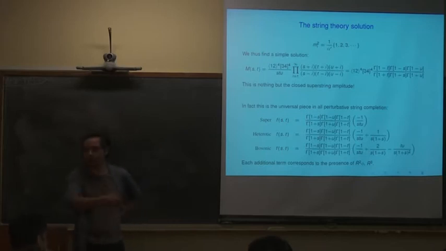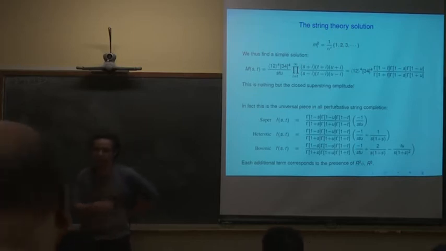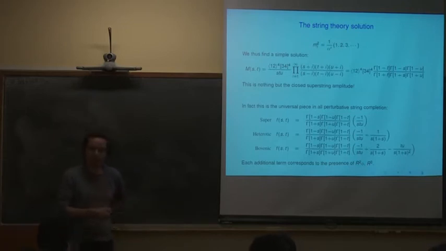If you're scattering other states, you can see the different spectra now coming in. But there's some universal sector, and that's the massless sector. We're talking about all the things that can be produced by scattering gravitons. There's some universal sector of that. Would it be the same in type 2A and type 2B theory or not?